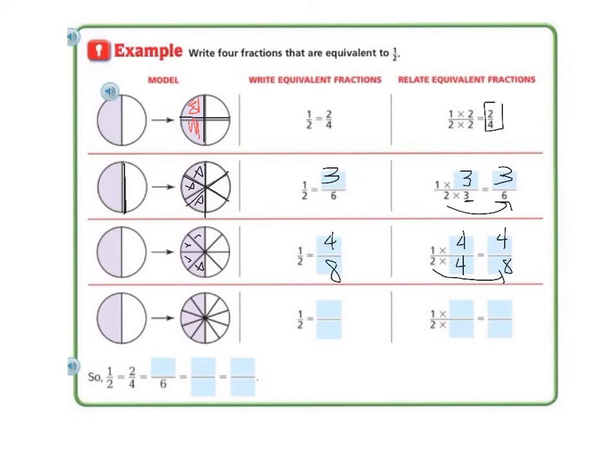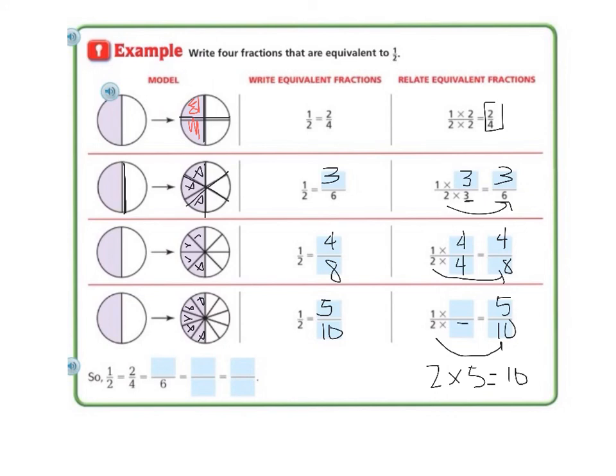Our last example on here is tenths. And you can see I have 1/2 and 1, 2, 3, 4, 5. 5/10. In order to get from 1/2 to 5/10, I have to see what was multiplied. 2 times what is 10? Well, 2 times 5 gives me 10.